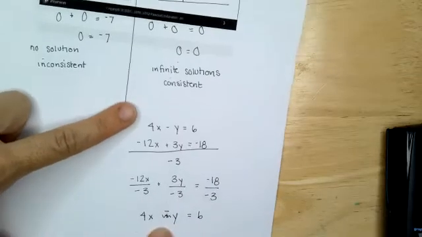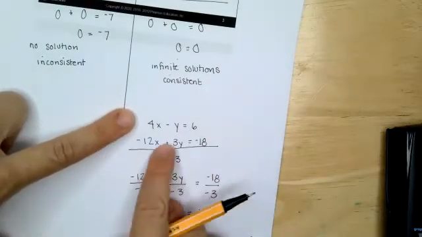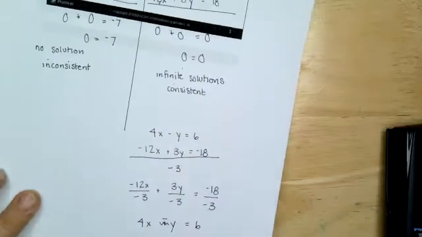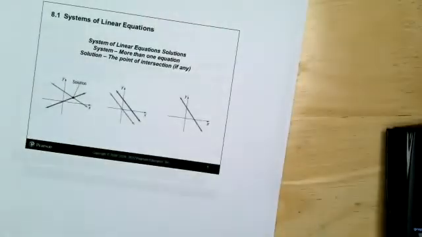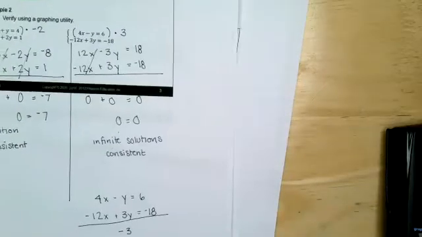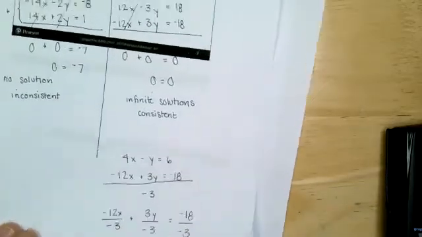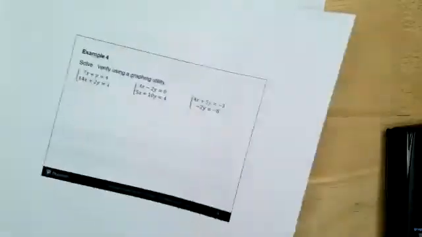So I get that equation just by simplifying this one. That's how I know they're on the same line. We just took this and reduced it by a negative 3.